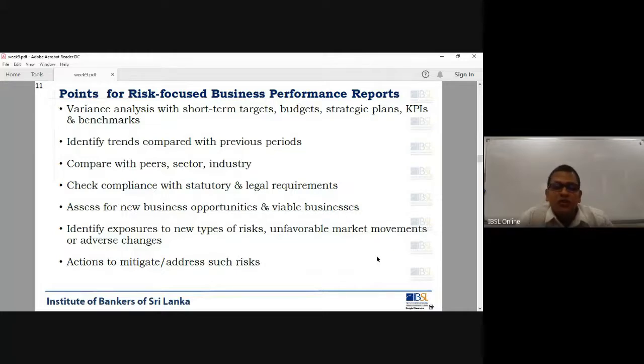They identify exposure to new types of risk, unfavorable market movements or adverse changes, and finally take steps to mitigate and address such risk. They are focused on this risk-focused business performance report and these ratio calculations.